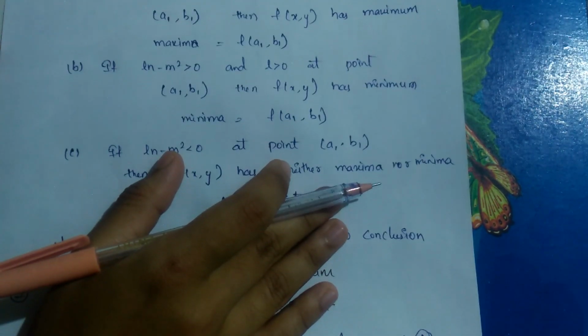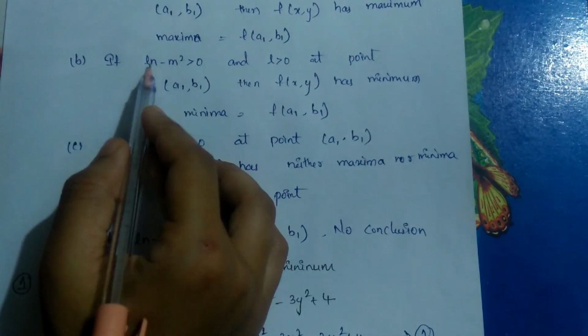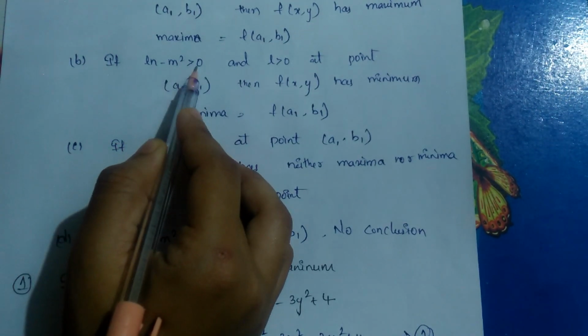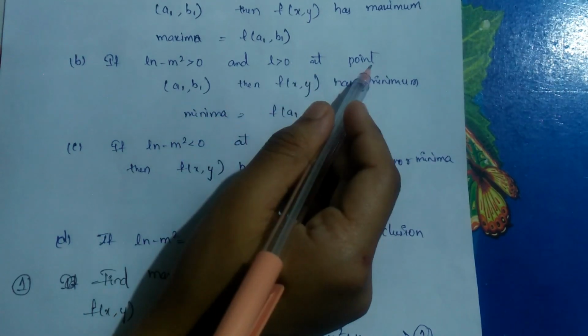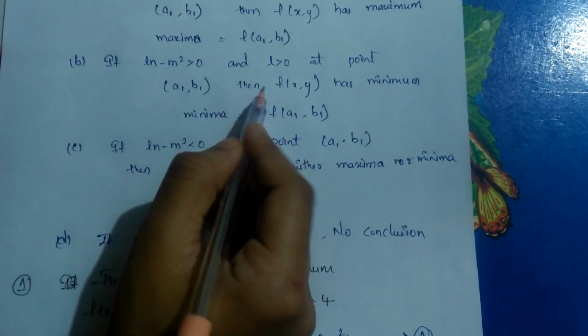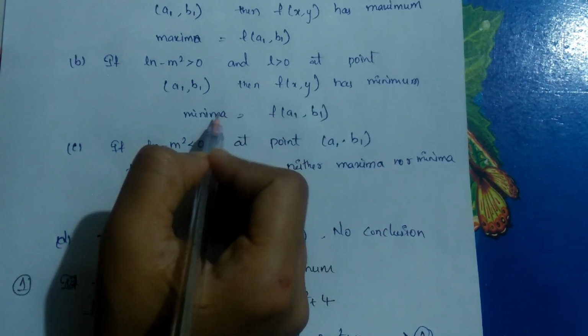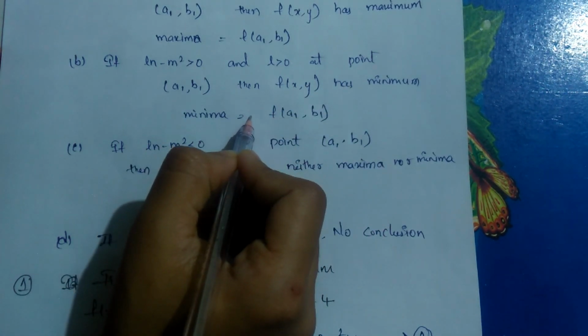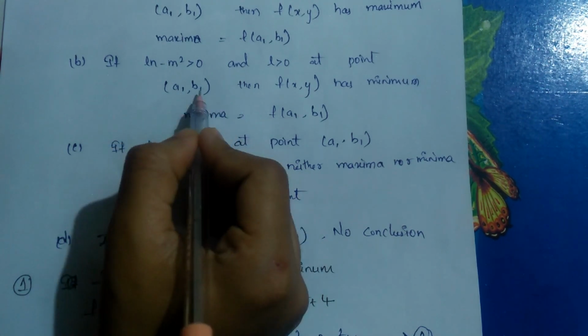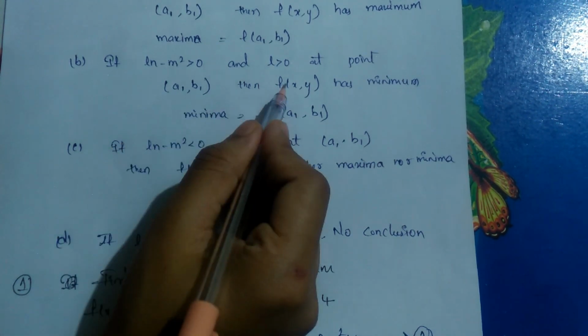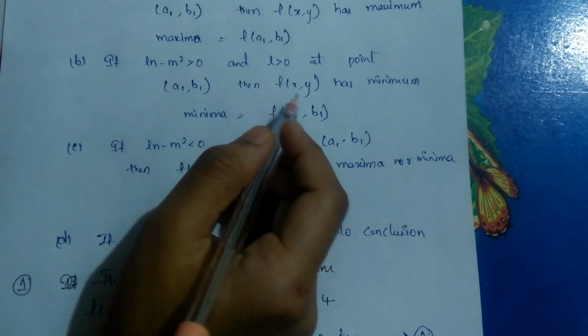And the second condition is LN minus M square is greater than 0 and L is also greater than 0. So at the point a1 comma b1, the function has the minimum, and we get that minimum value when we substitute this point a1 comma b1 in the given function.